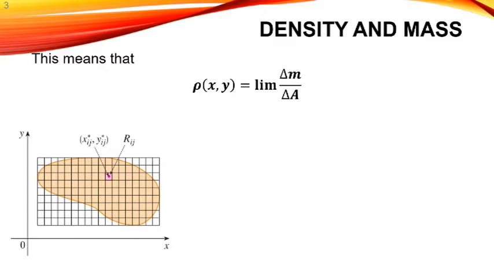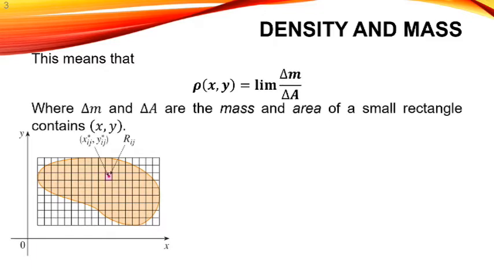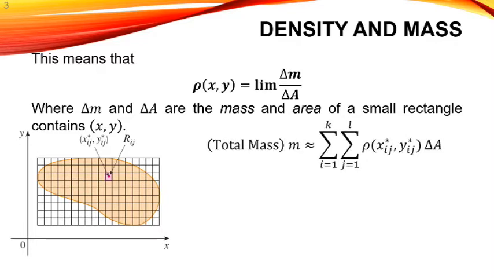So given the mass on every point or yung certain area, so yung increment ng area is given by the region and yung increment ng mass is given by the function. Okay? Where yung delta M and delta A are the mass and the area of a small rectangle containing point xy. So when finding the mass, it is approximately equal to double sum or the Riemann sum of the density function times the area or the delta A.